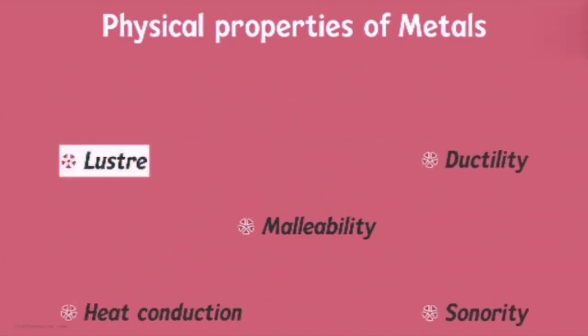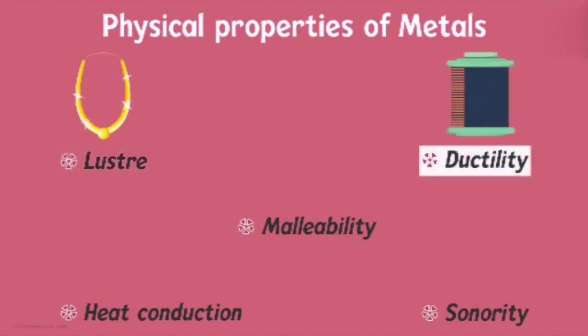The fact that they are lustrous makes them useful for making jewelry. Yes, metals are lustrous, which means they generally shine. We can also make wires out of metals due to their ductile nature.